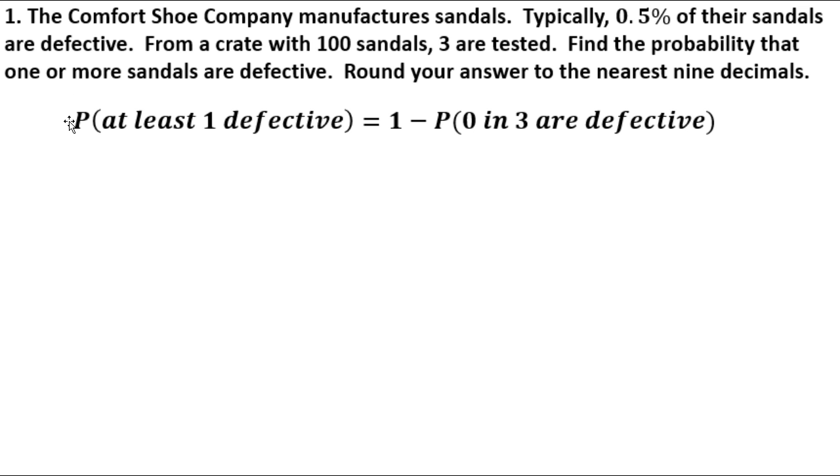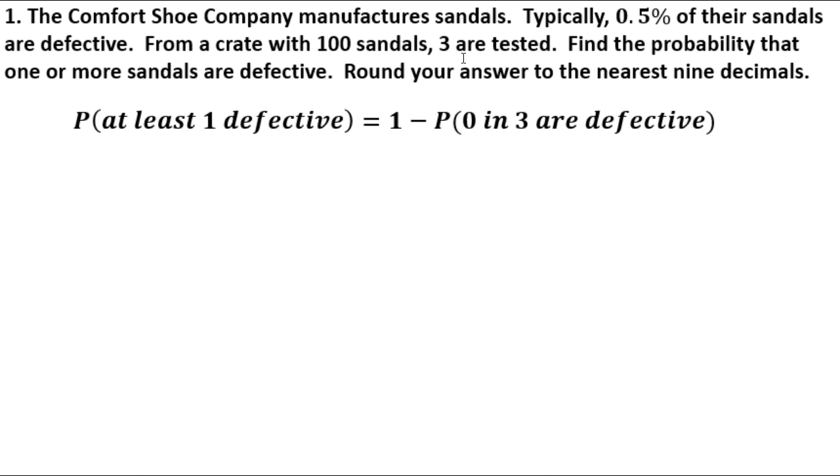Remember that the largest number we can have in probability is 1, that's 100%. So if we can find the probability that they're all perfect, not defective, and subtract that from 1, that will be the probability that at least one of those is defective.